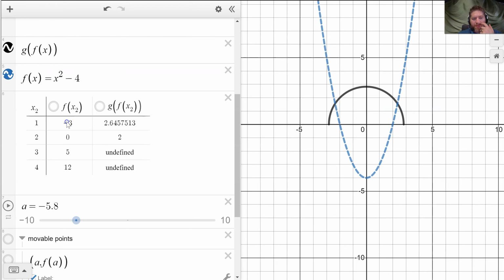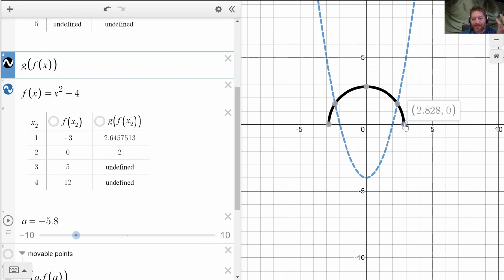It's good to go. But you notice there's nothing I'm going to have to worry about with f because f is a parabola, so I can plug anything in there. But f then modifies it into something and says, oh, g doesn't like it now. So whatever f modified it to, g doesn't like it. And so you can see that's where our 3 failed. 3 became 5, 5 became undefined, 4 became undefined. But everything up to that, 2 radical 2, 8 rad 2, remember?